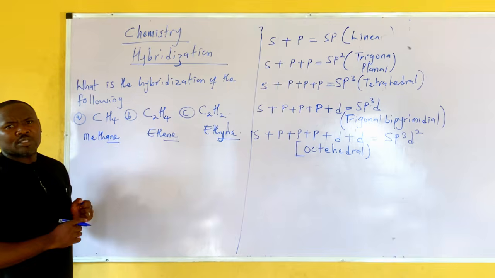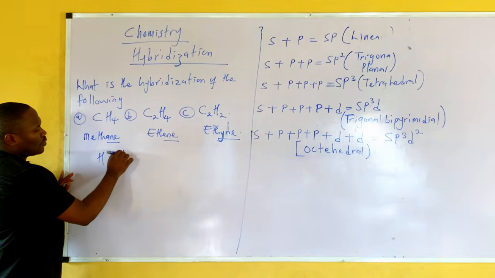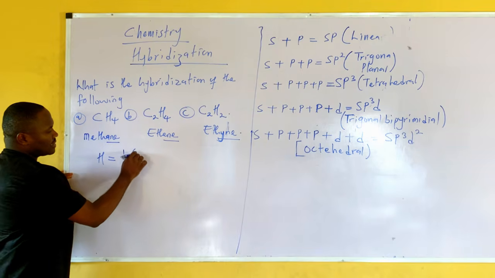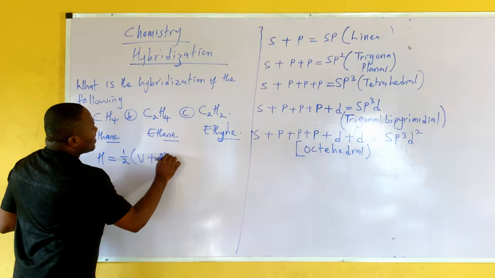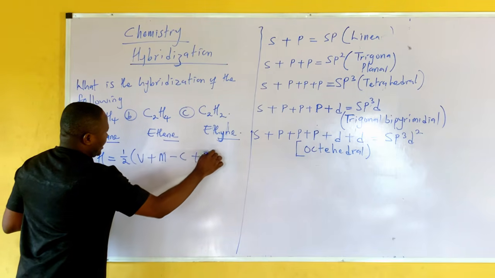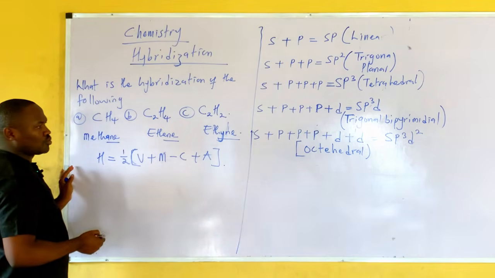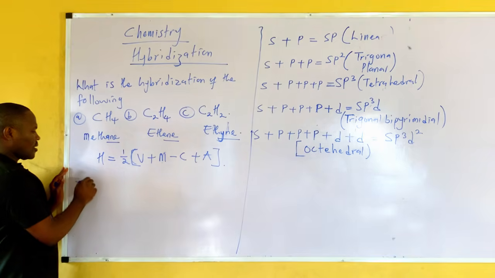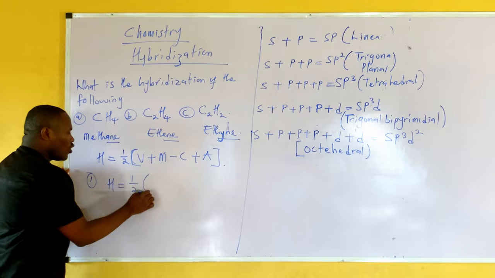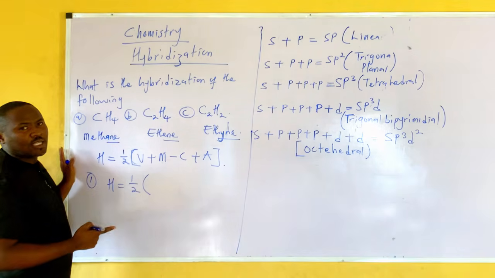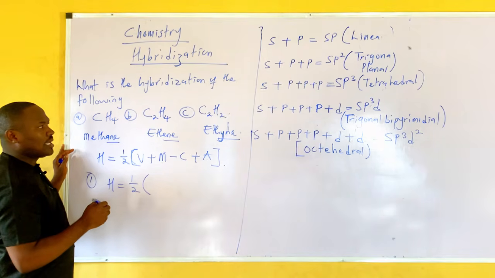Now, what is the formula for calculating? We said H is equal to 1 over 2 open bracket V plus M minus C plus A. That's the formula to solve. Now let's go straight to the point. What's for number one? Hybridization is equal to 1 over 2 open bracket. V is the number of valence electrons in the central atom.